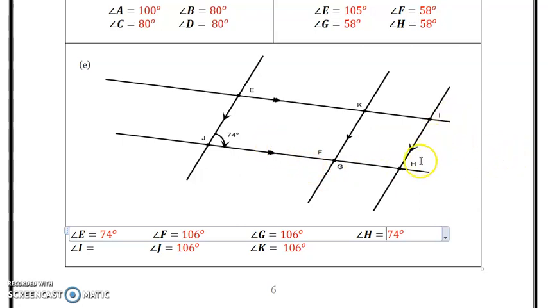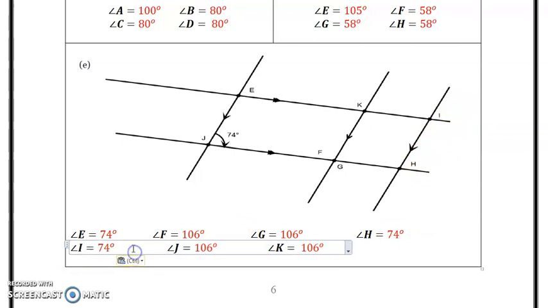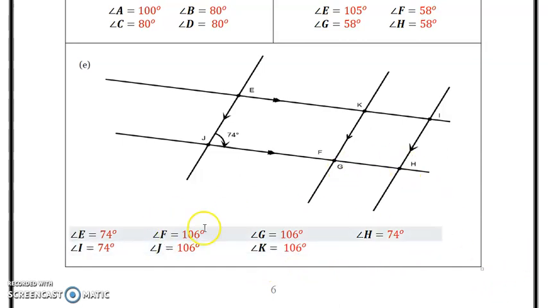And then I and H, same idea. They're also corresponding angles, so they would also be equal to 74 degrees. The reason the only two angles we have here are 106 and 74 is that the transversals are also parallel, which is not always the case, right?